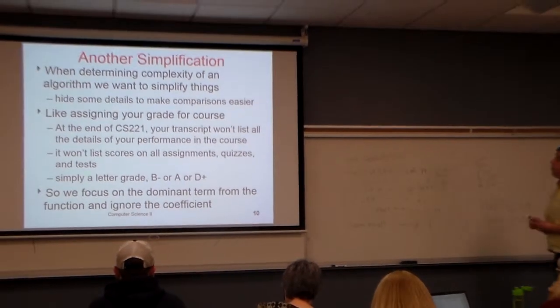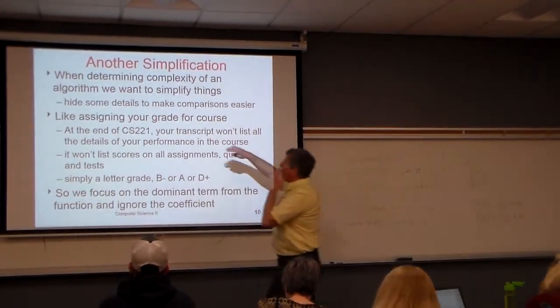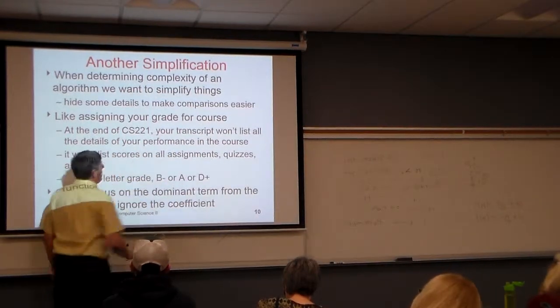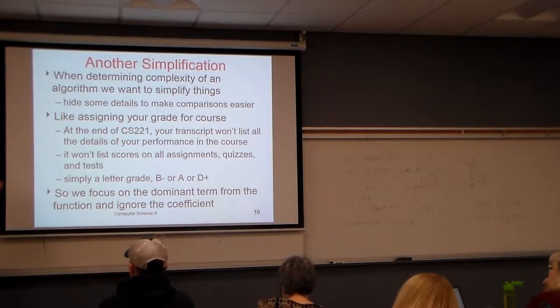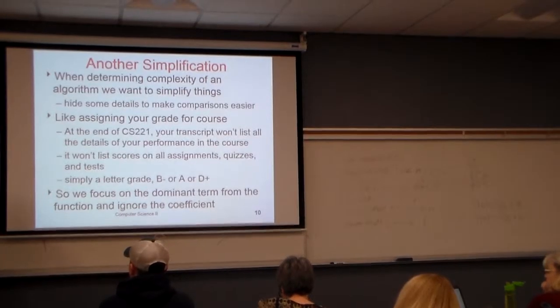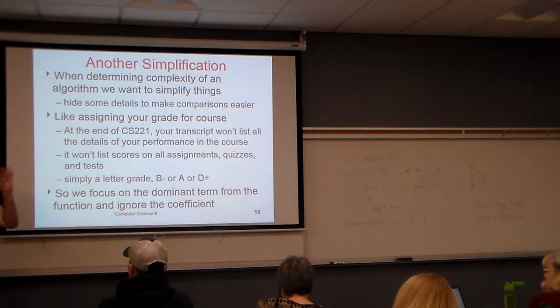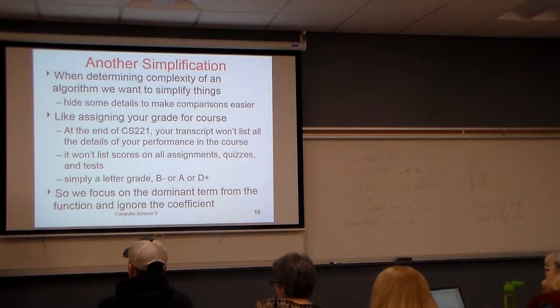Okay? So say for instance, your grade through this course. When you look at your transcript, it's not going to say project 1 you got 100%, and project 2 you got 75%, and then project 3 you got 90 or whatever. It's going to give you a letter grade, right? Maybe it's a B or a B plus or whatever it is.